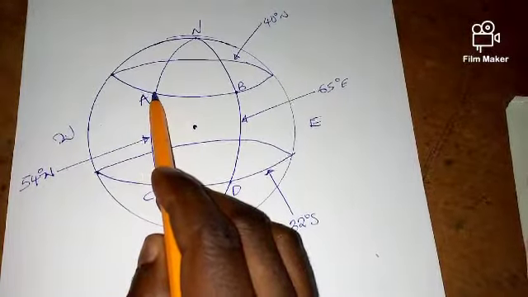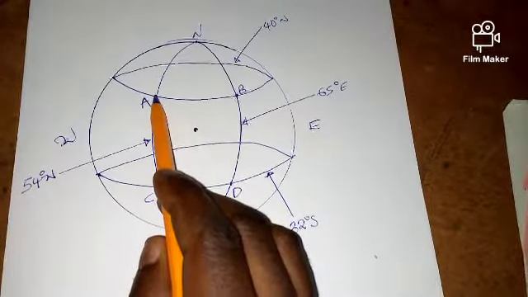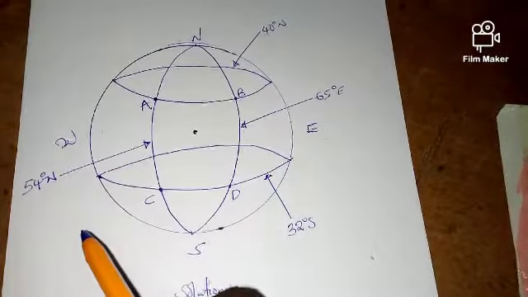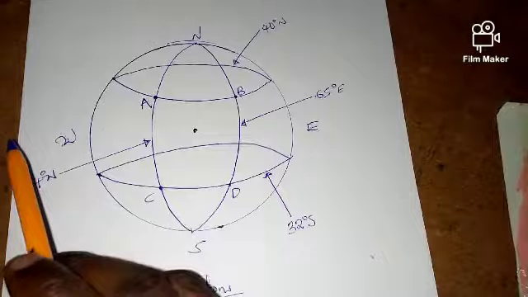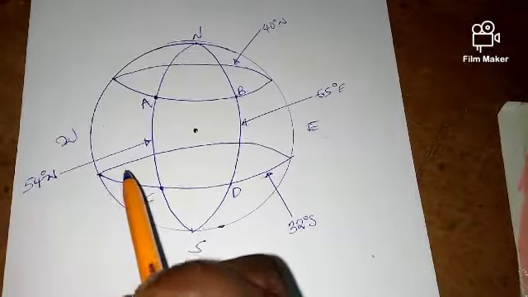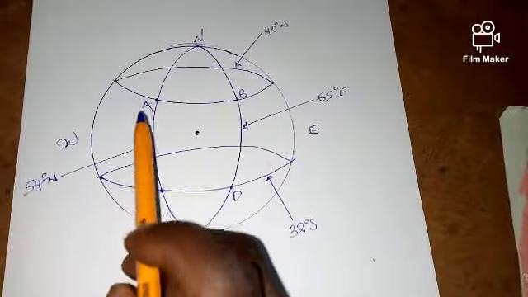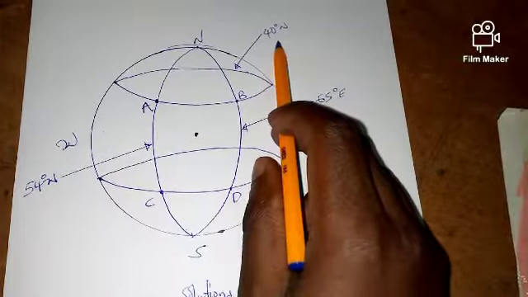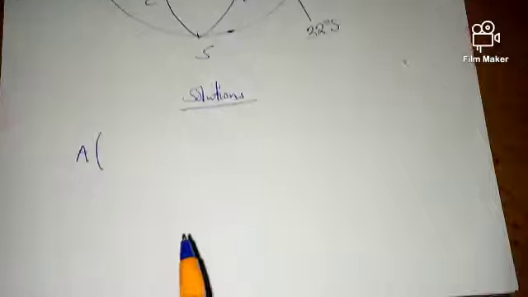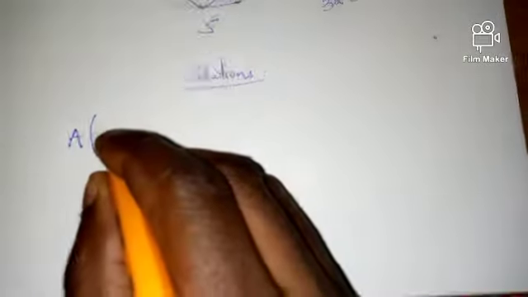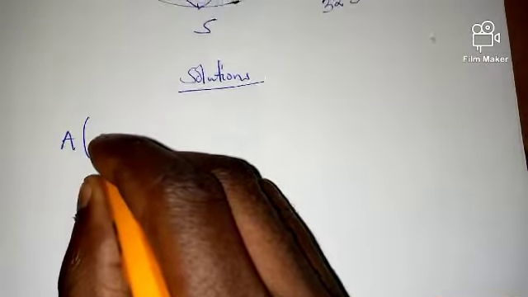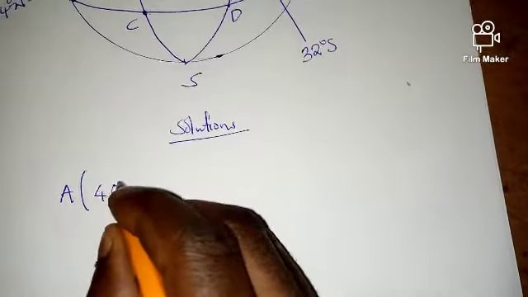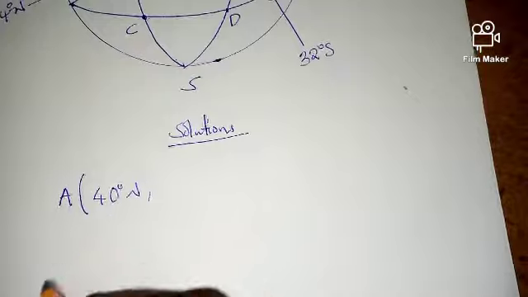Okay, so remember the format I showed you earlier on. The format is we start by identifying where point A or town A is lying in terms of latitudes. So it's lying exactly on latitude 40 degrees north. So I'm going to go on my solutions and write that point A or town A is exactly at 40 degrees north. Then I'll say comma.